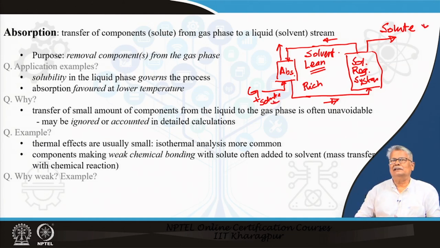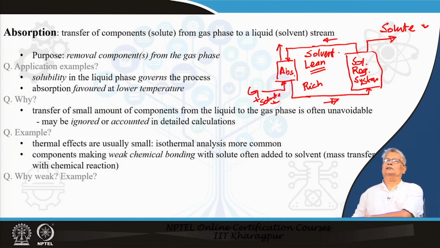In most of the practical systems, you will find that the absorber and the solvent regeneration system work in pair. In fact, most continuous systems will consist of almost an integrated system which works with the absorber and the regeneration system together, and they both are continuous systems.